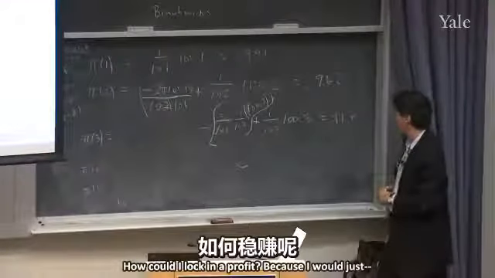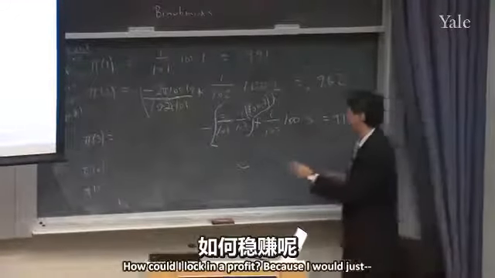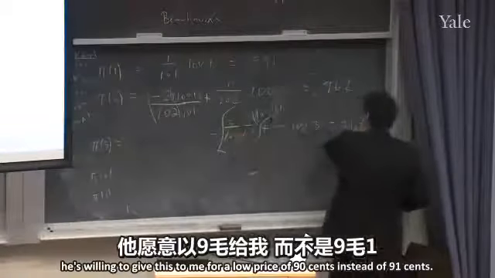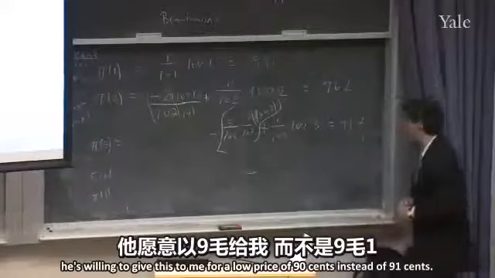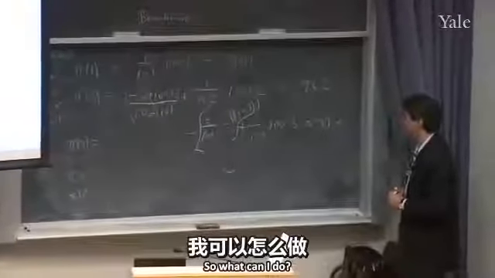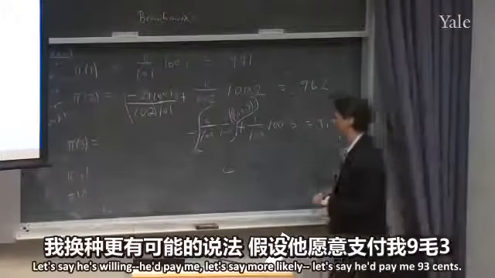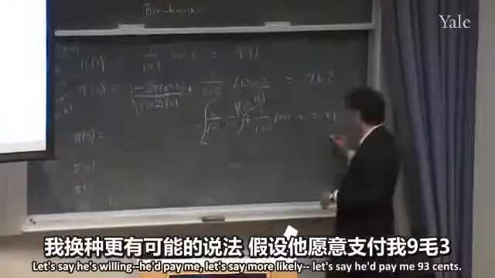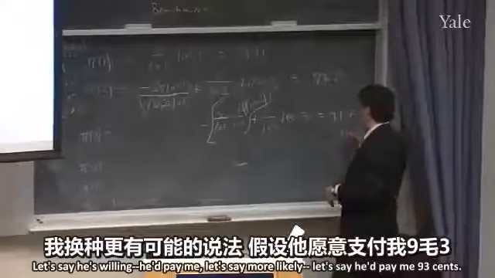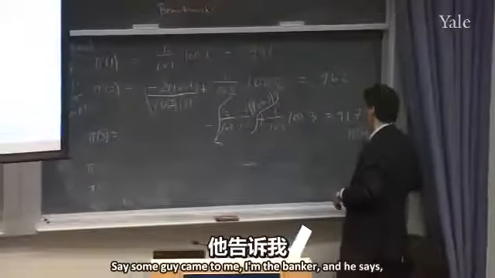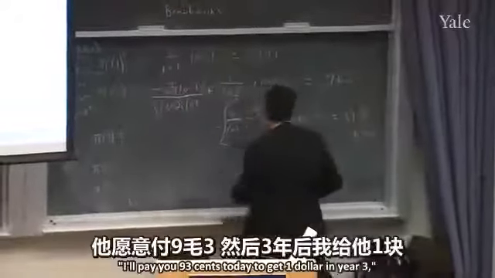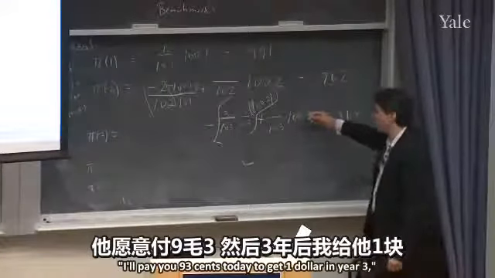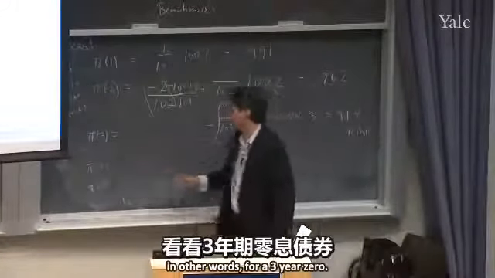Let's say more likely he'd pay me 93 cents. Say some guy came to me, I'm the banker, and he says, I'll pay you 93 cents today to get $1 in year 3. In other words, for a 3-year zero.